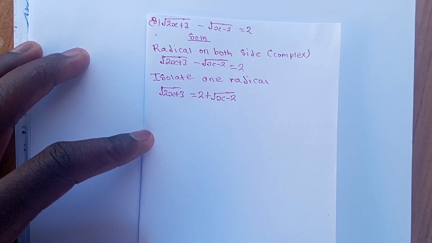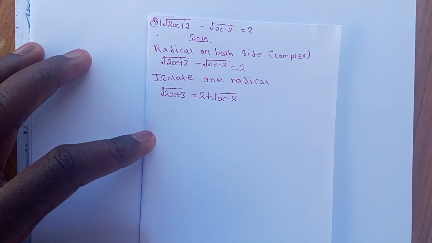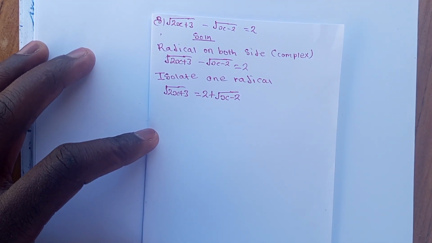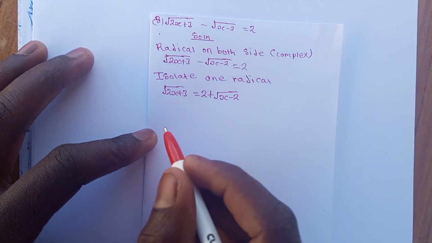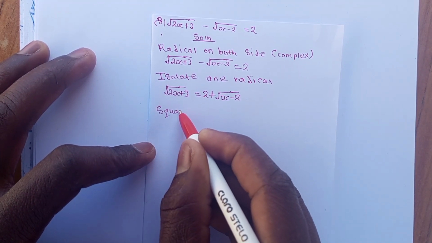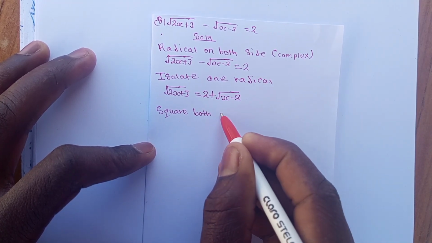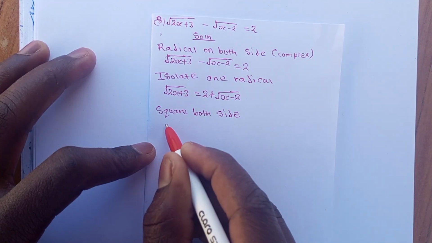So we continue. Our next step, we are going to square both sides. Now let us square both sides.